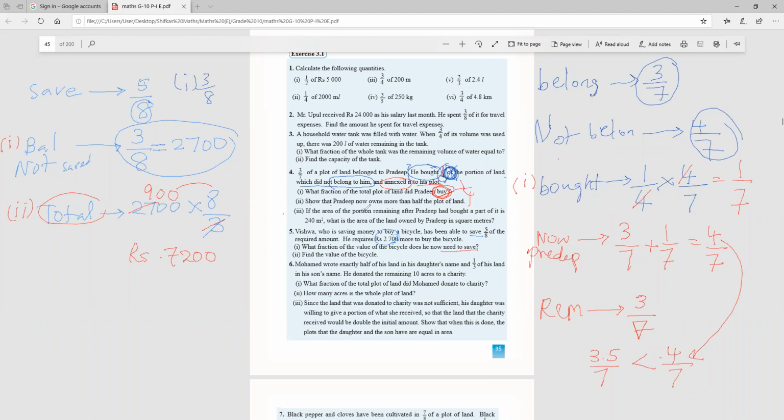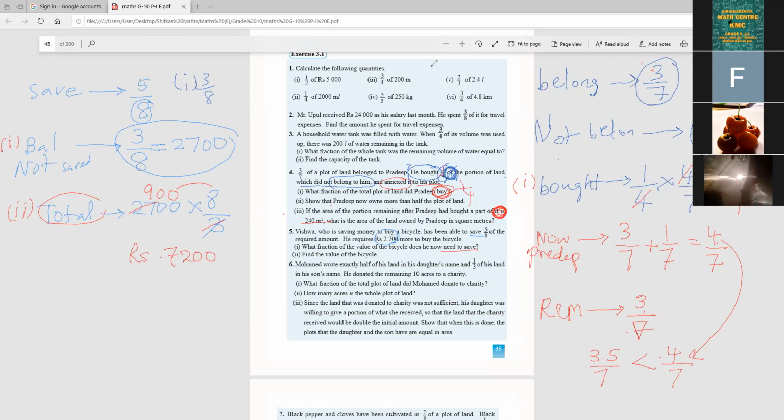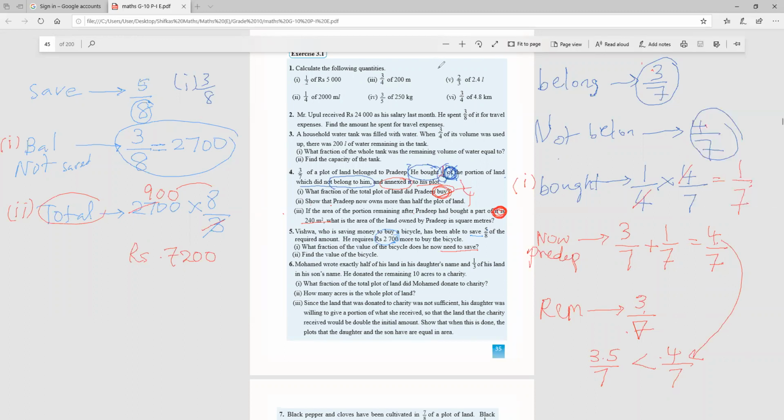If the area of the remaining portion after Pradeep bought a part is 240, is the remaining 3/7 or 4/7? Yes, very good, 3/7.